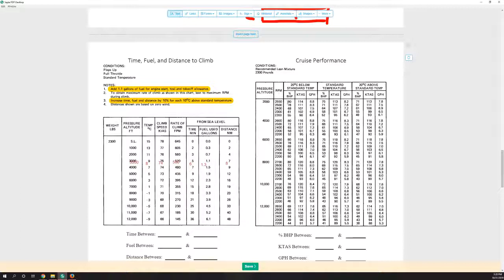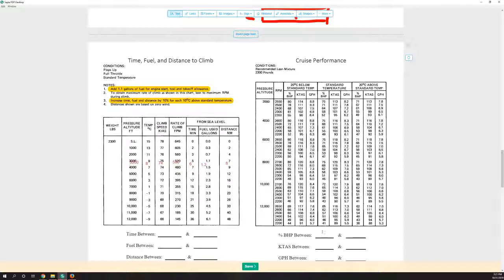So for picking a number, we want to pick a percent brake horsepower of 65, or a number close to it. It's just because that's what most people are going to cruise at. They're going to naturally pitch their nose, fly an airspeed, pull their throttle back to hold their altitude, and be flying a percent brake horsepower around 65%. It's just a number that works out pretty well. Our number choices would be 65, 107, and 7.3, or 68, and it's a little bit safer, looking at the gallons per hour, if we pick the 68 number.